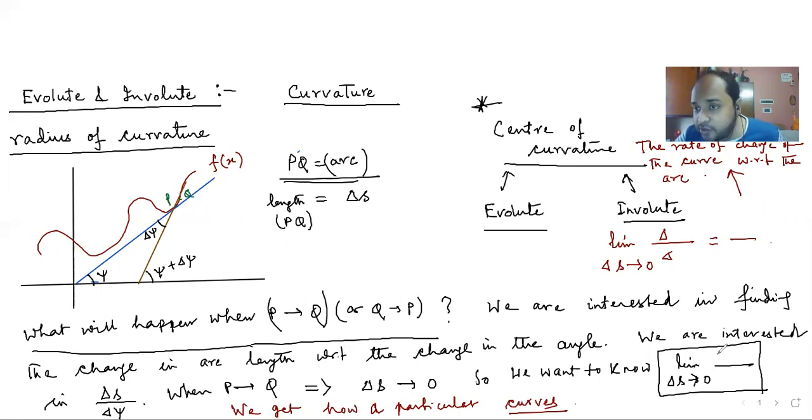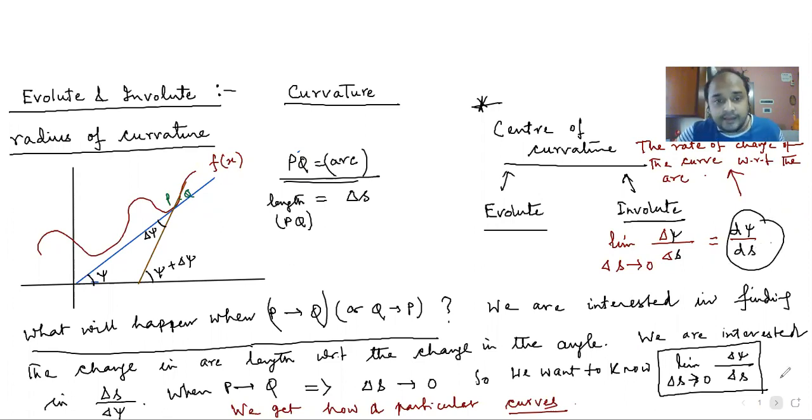As I have written, limit delta s tends to 0, so delta s must be over here and delta psi must be over there. I just wrote the opposite, sorry for this. So this will be d psi ds, the rate of change of angle with respect to the arc length. That is this particular thing.